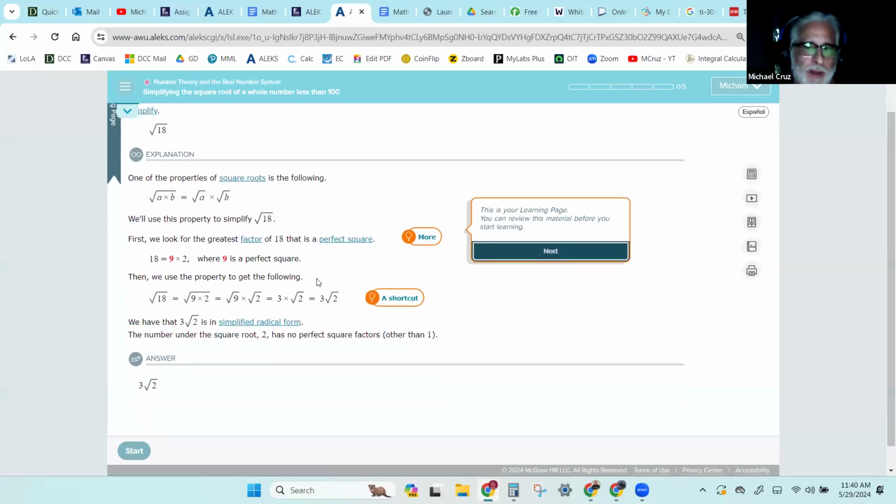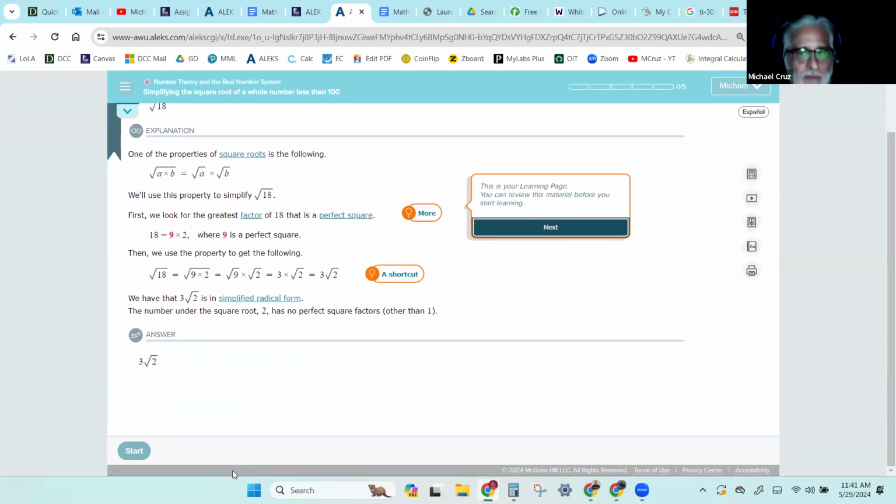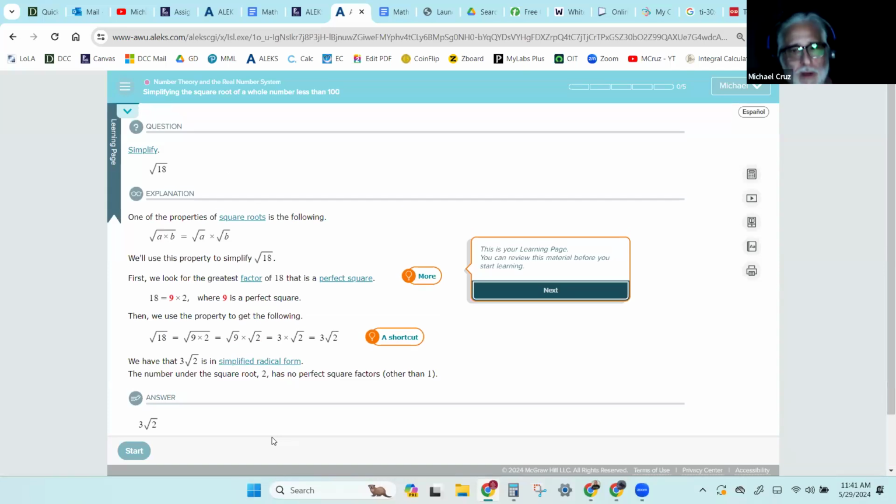This is not something that you really need to have for this class at all, so I'll leave it to your wisdom. I can't give you a whole list of things that you're not going to need to do, but this is part of math and it's in here. It's a basic kind of question, but we don't really need to do this.